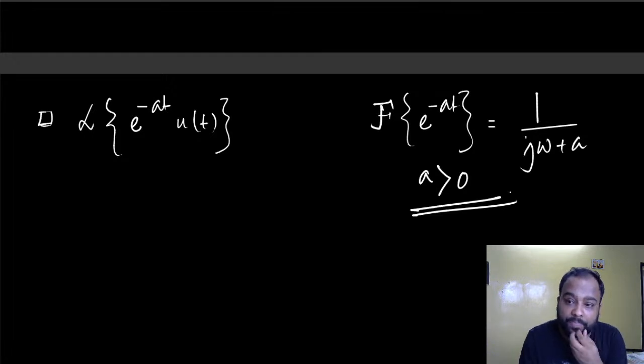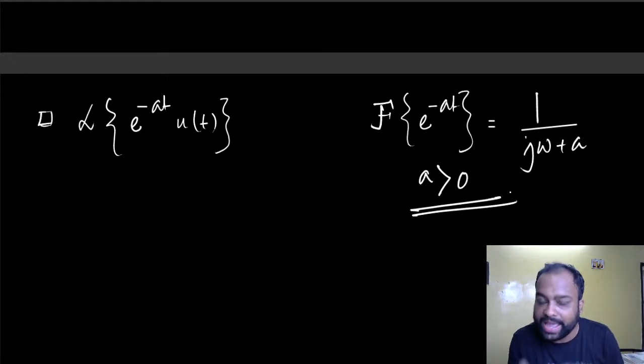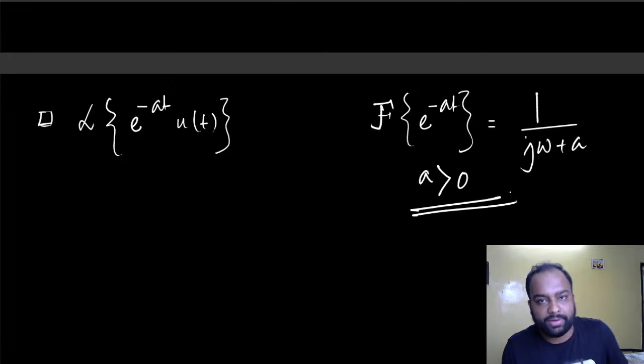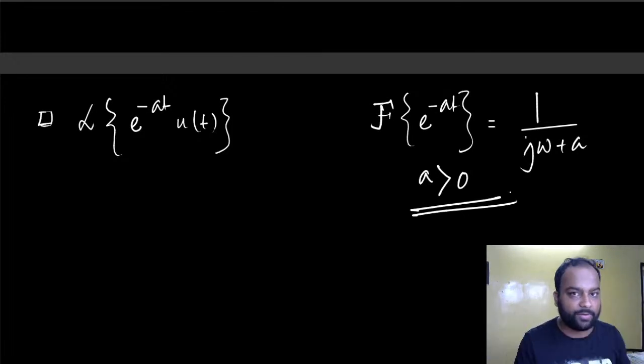But the Laplace transform would exist even if a is negative. We will see why. The reason is simple: we are allowed to choose the value of sigma, and accordingly we will choose a different sigma if a is positive or negative. Accordingly, we can make the Laplace transform converge.